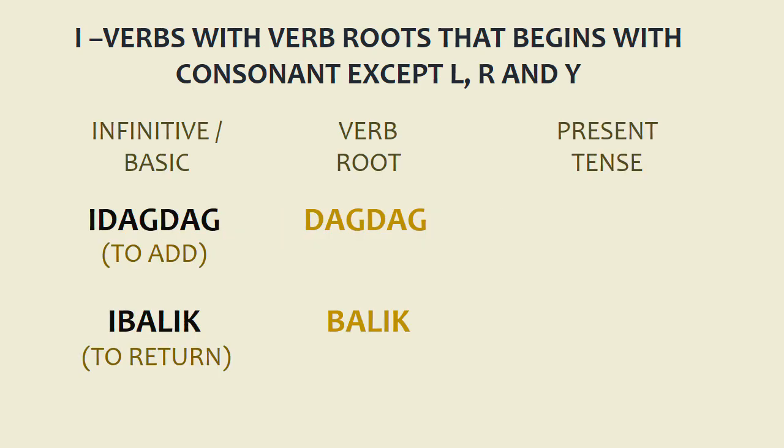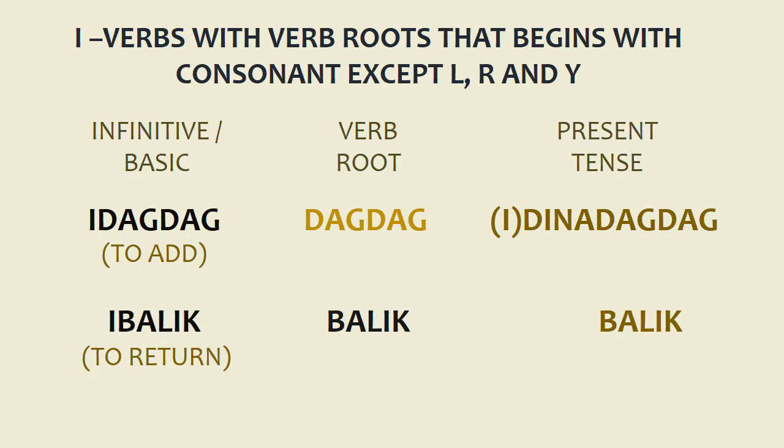Now for the present tense, you once again have to start with the verb root and then take the first two letters and add it at the beginning. Next, you insert in between the first letter, in this case, letter D, and finally add the prefix I, idinadagdag.